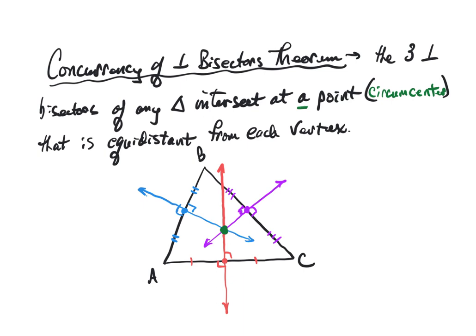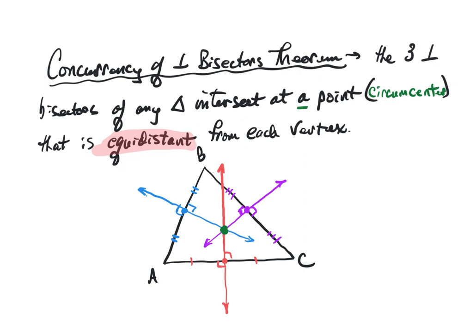So it's kind of the prefix for circumference. So circum, C-I-R-C-U-M, and then the word center. So circumcenter. And what the theorem says is the distance from each vertex to the circumcenter is going to be equal. So that's what the word equidistant means. Those distances are going to be equal.